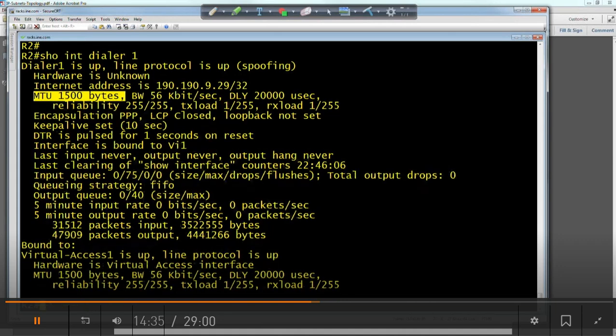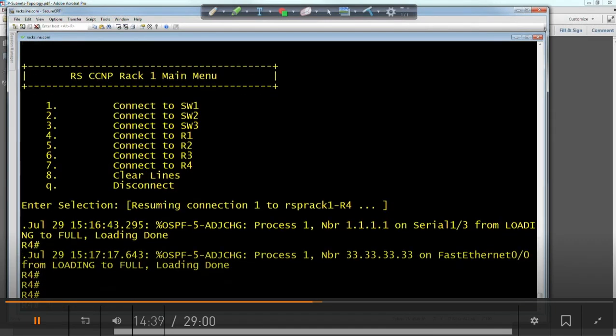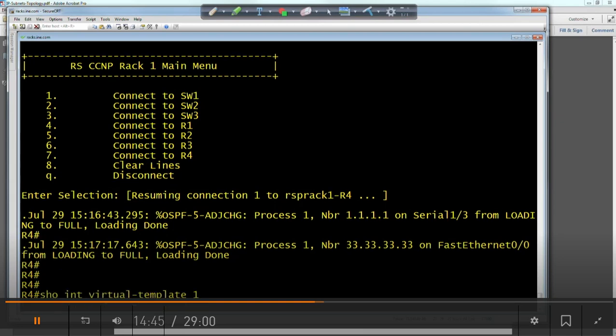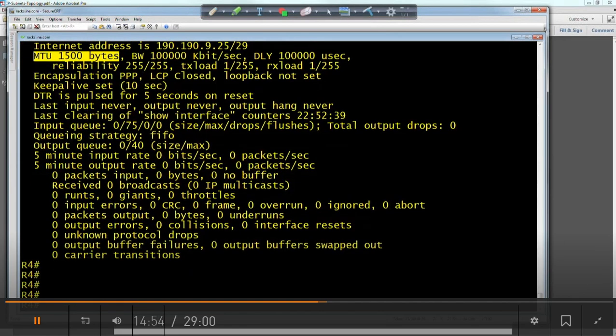Let's compare that with router 4. Now router 4 is not using a dialer interface, he's using that virtual template. Show interface virtual-template 1. Okay, this says 1500 here, but I think it might not be the virtual template that we need to look at. Show IP interface brief.